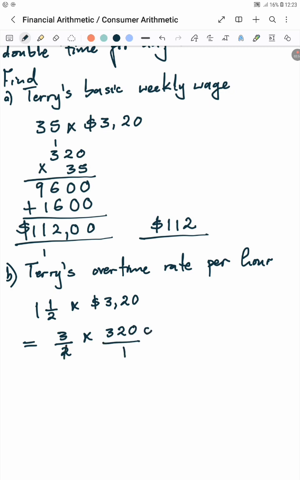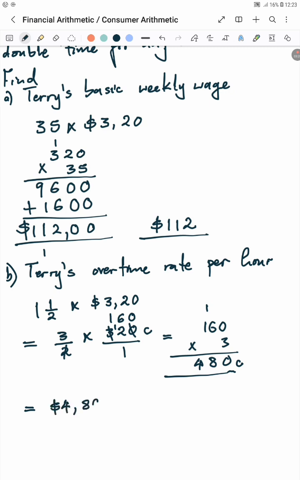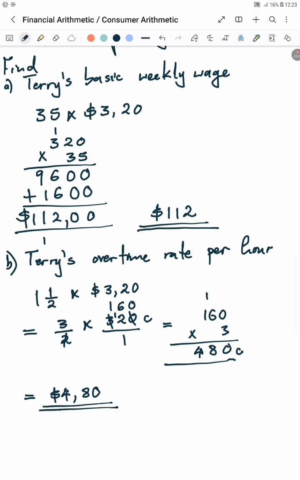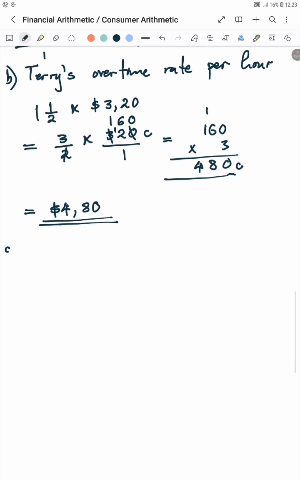We say 2 into 2, 1, 2 into 3, that's 1, remainder 1, into 12, that's 6, into 0, that's 0, and then we say 160 times 3, that's 480 cents, which translates to $4.80. So this will be the answer for part B. Let's look at part C.